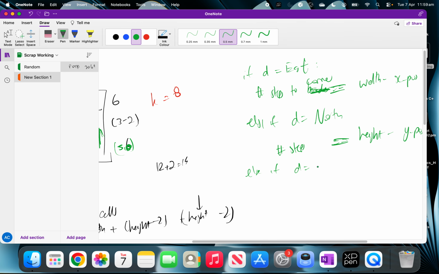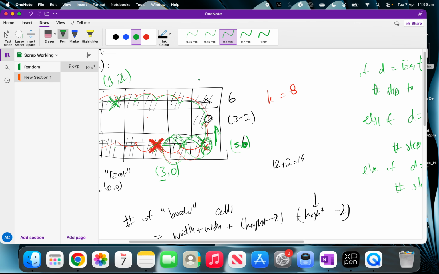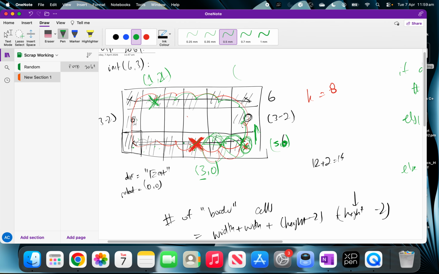Else if it's west, number of steps to the corner is, so for example, this one is 0, 1, 2, 3, 4, 5, and then 0, 1, 2.